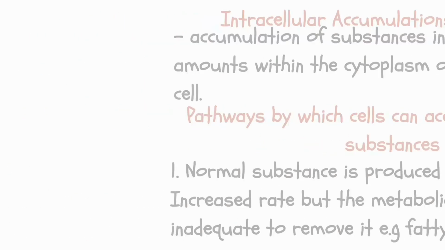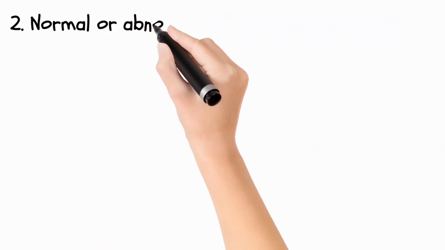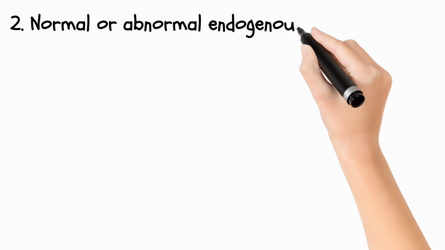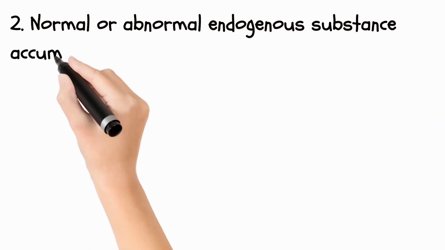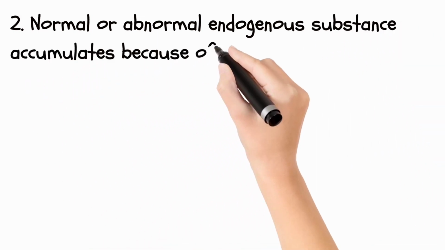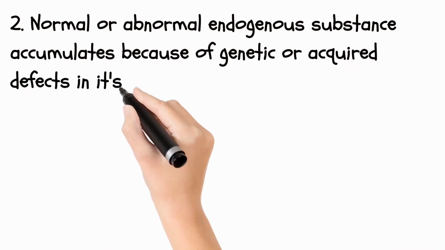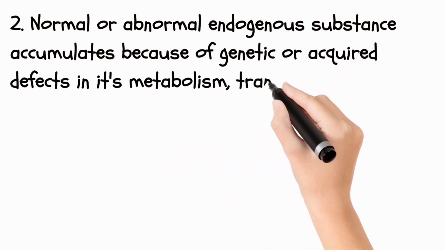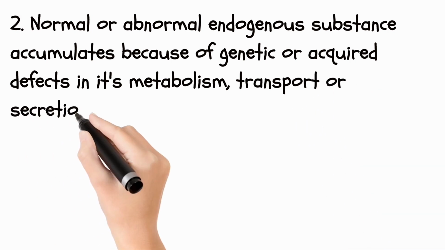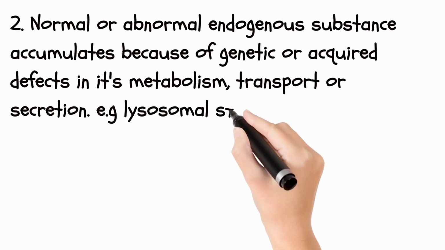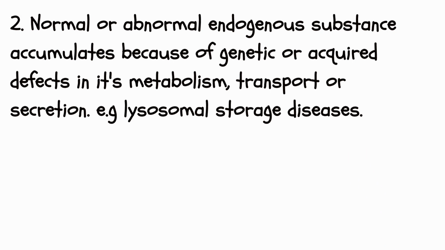The second one is that a normal or an abnormal endogenous substance accumulates because of genetic or acquired defects in its metabolism, transport, or secretion. Example, a genetic enzymatic defect in a specific metabolic pathway resulting in disorders called lysosomal storage disease.